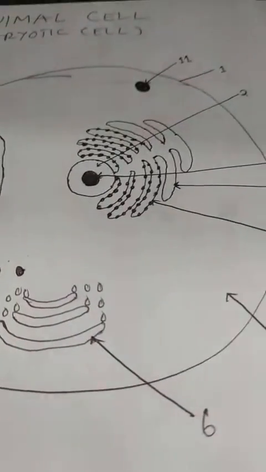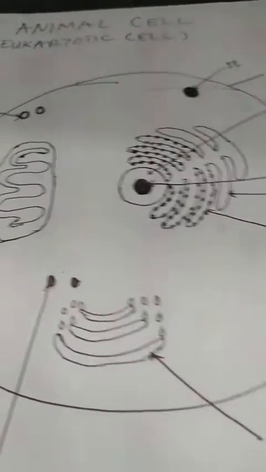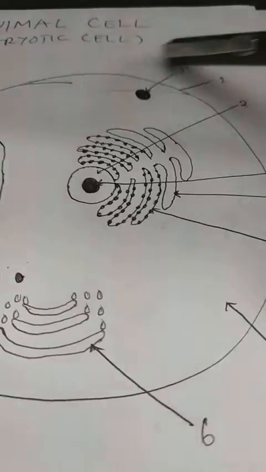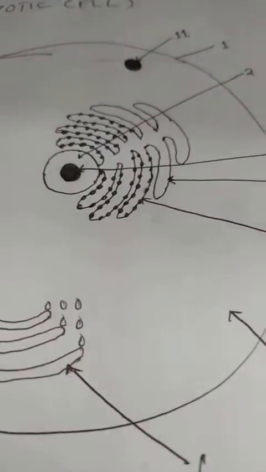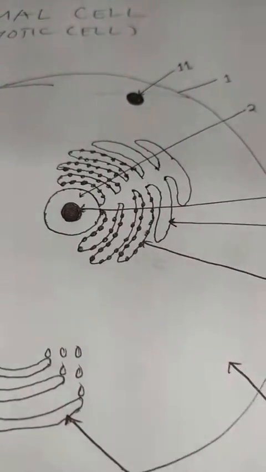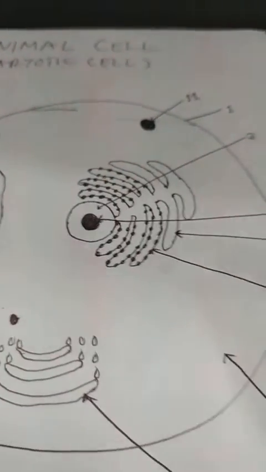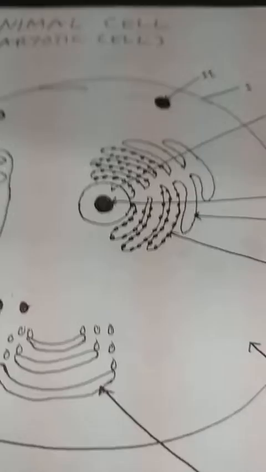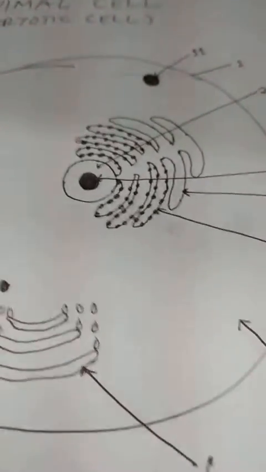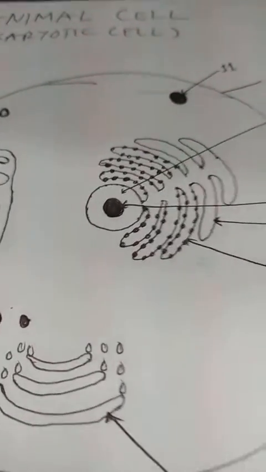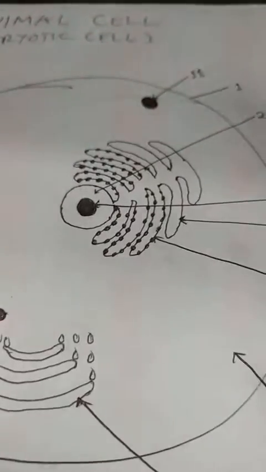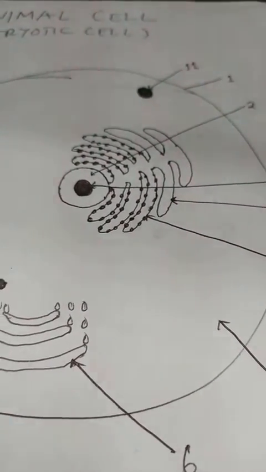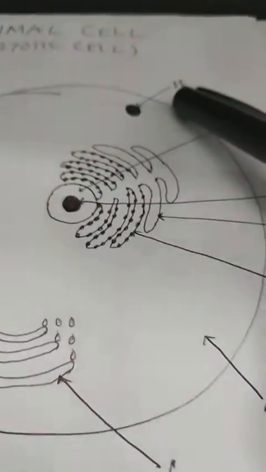So different types of drugs present inside our body are detoxified inside this structure known as the peroxisome, and the reason is that our peroxisome contains this chemical substance known as hydrogen peroxide.